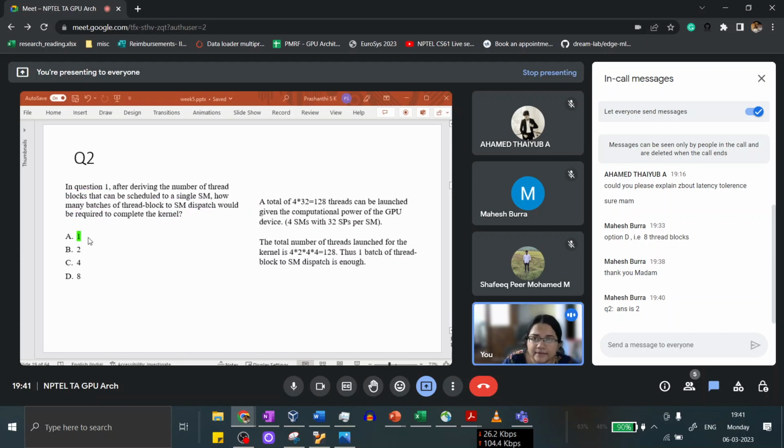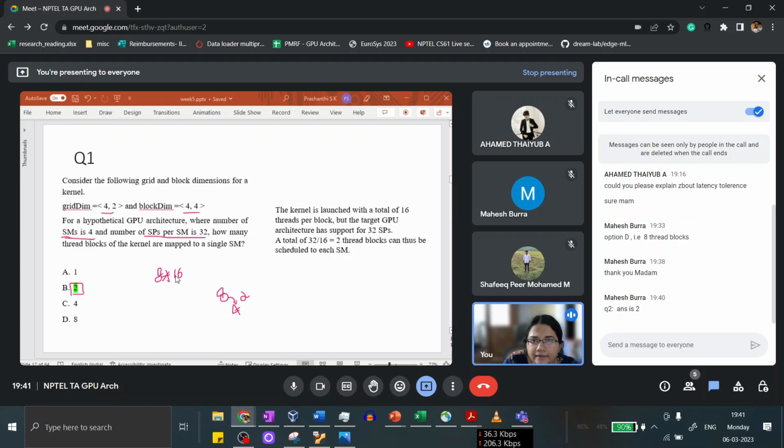So the answer is 1. So let's go through why that's 1, right? So we said we have 4 SMs and we would dispatch 2 thread blocks to each SM at a time, right?